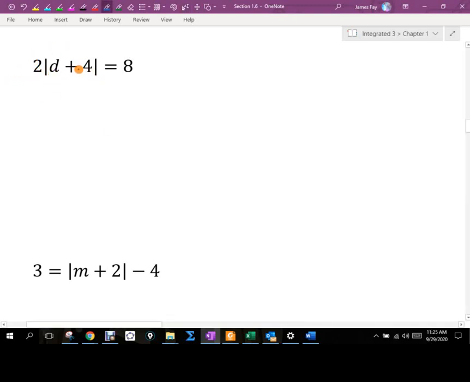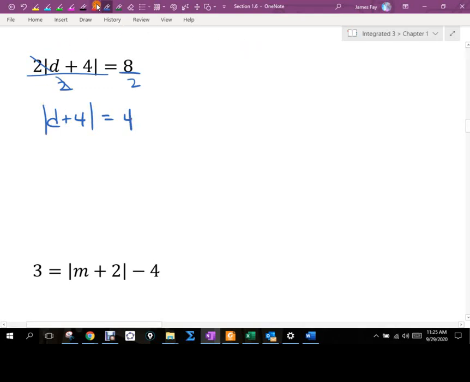So how do I undo that multiplication? How do I get rid of this 2? I'm going to divide. The one thing you don't want to do with absolute value is distribute into it. That can be messy. So I'm going to divide both sides by 2, and I get the absolute value of d plus 4 equals 4.